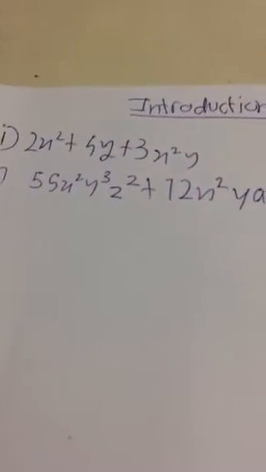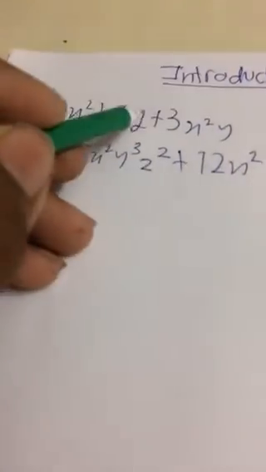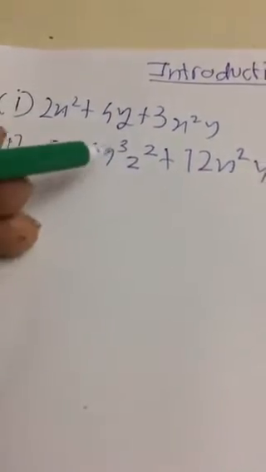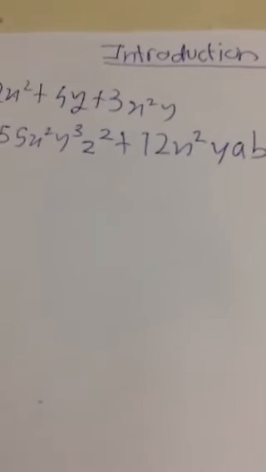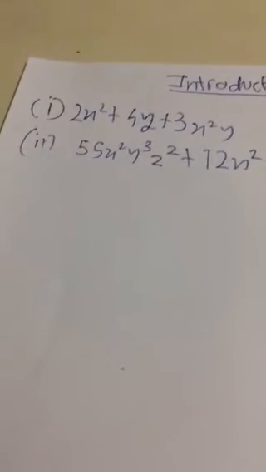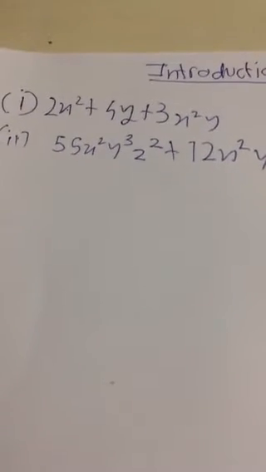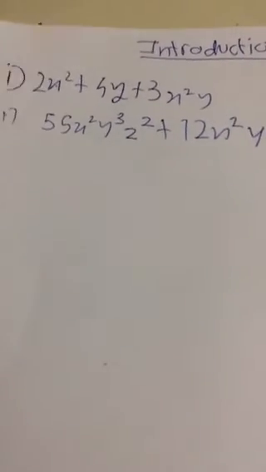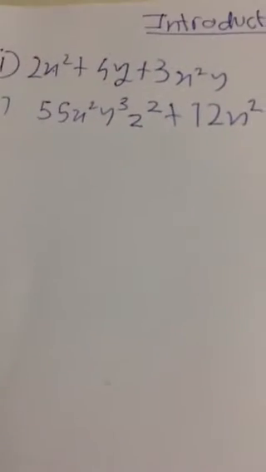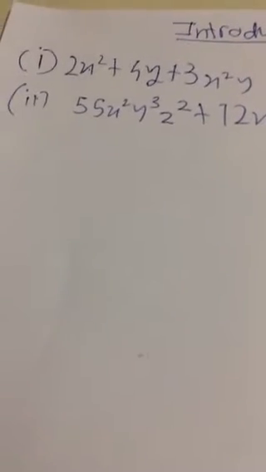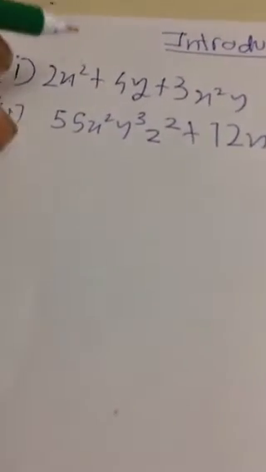Now first let me define what are these x, y, x square y cube z square, x square y ab. These are known as variables. Let me first define the term variable. A variable is a letter which represents any number, or the value of a variable can change. That is why it is known as a variable, from the word varieties.